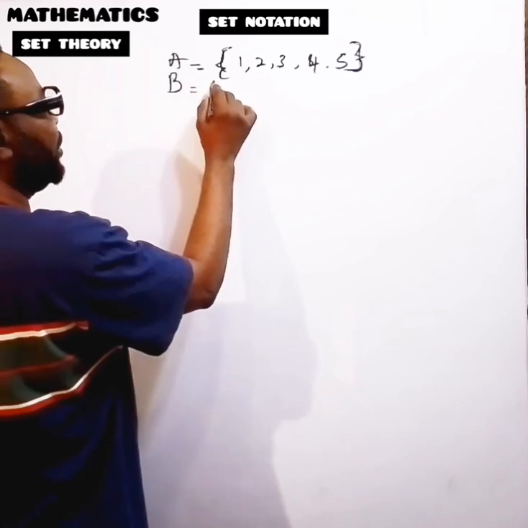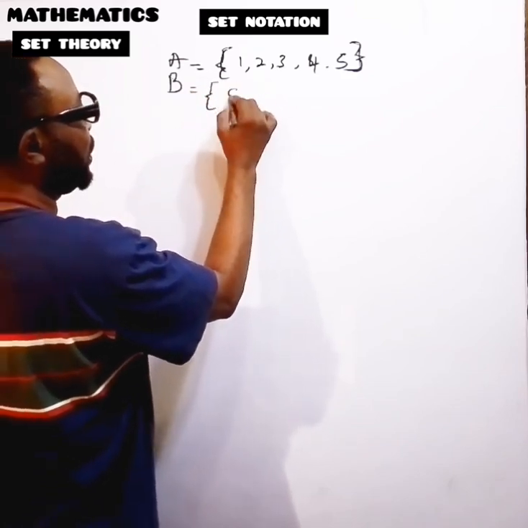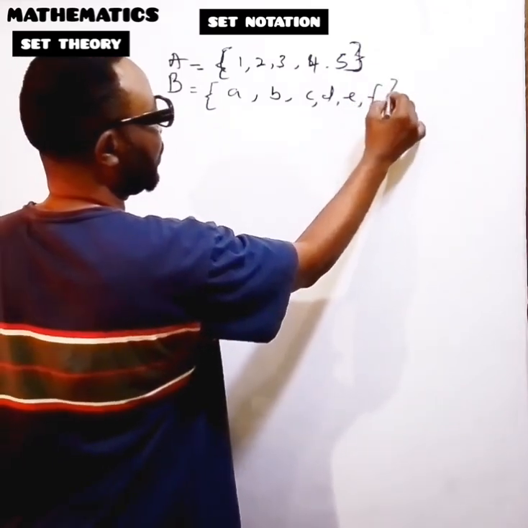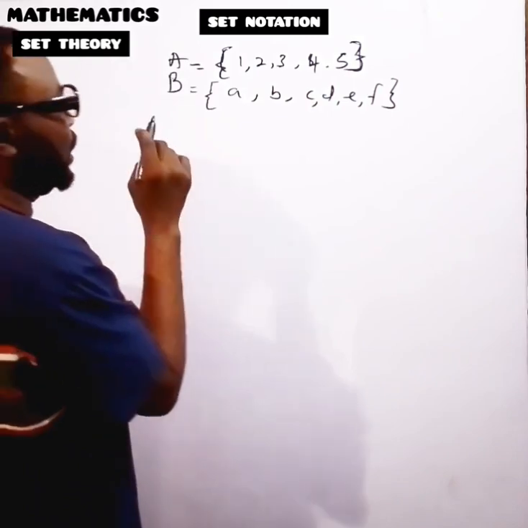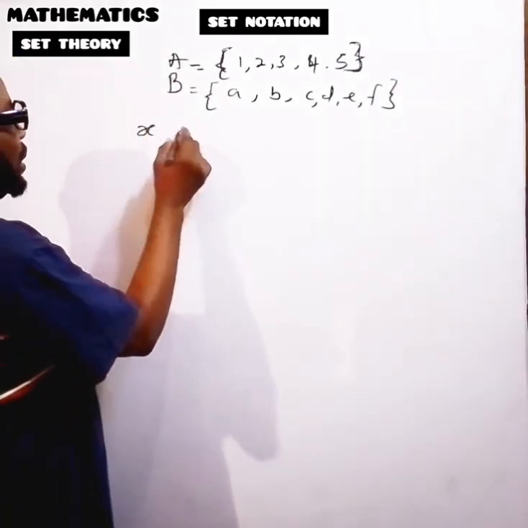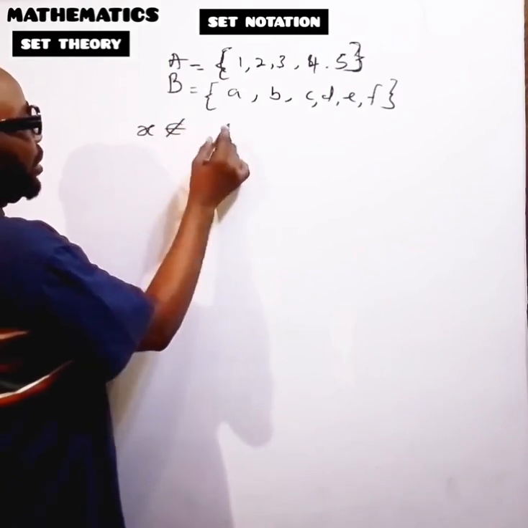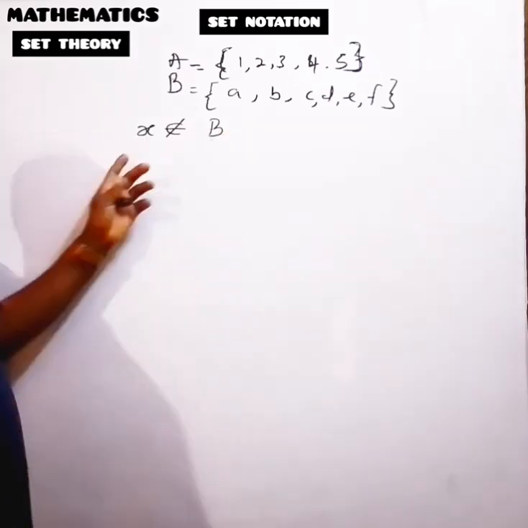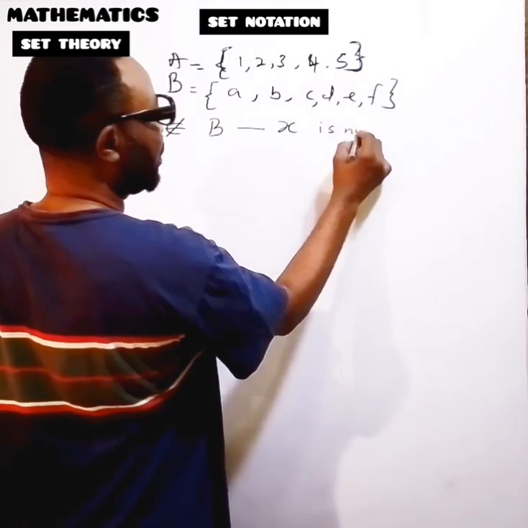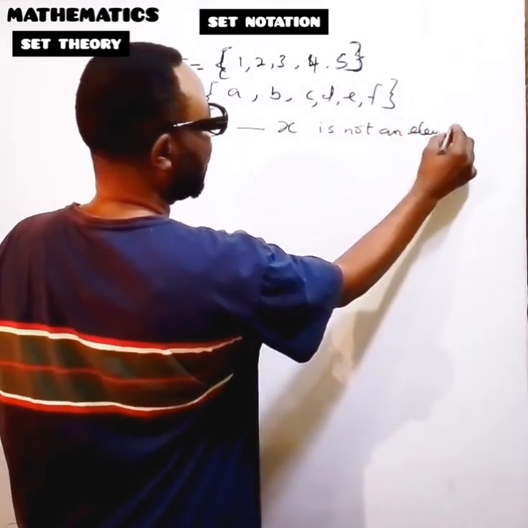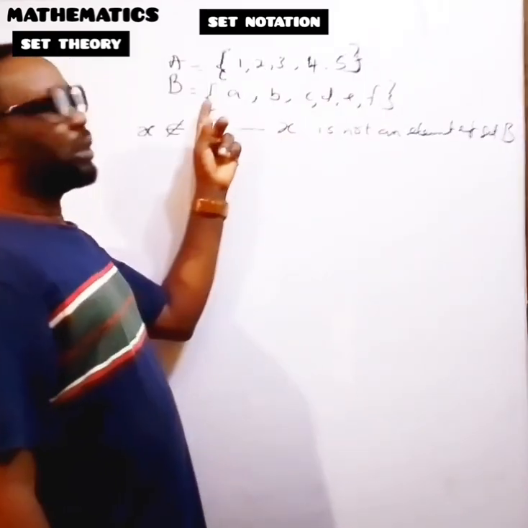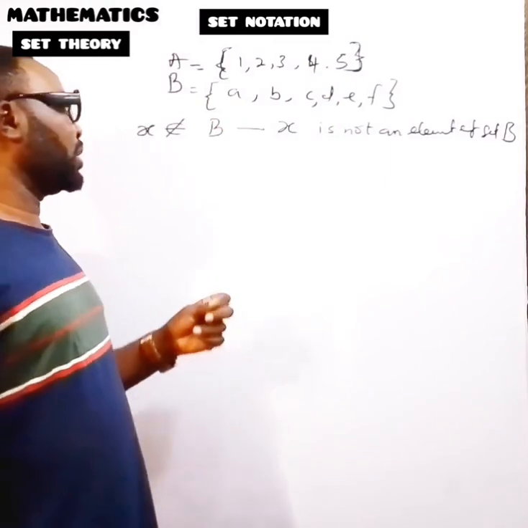And B, the elements we have in B, A, B, C, D, E, F. Now, by looking at this expression very well, you can agree with me that I can say X is not a member of B. This symbol, or the notation I have here, translates to X is not an element of set B. You can see that when you look at B very well, there's nothing like X there. So X is not an element of set B.